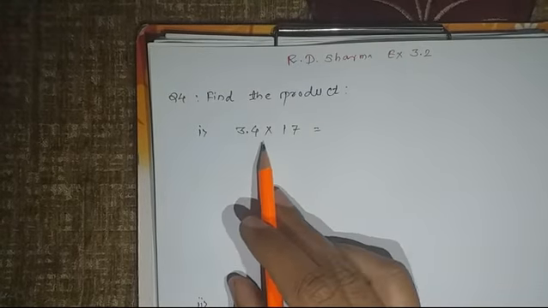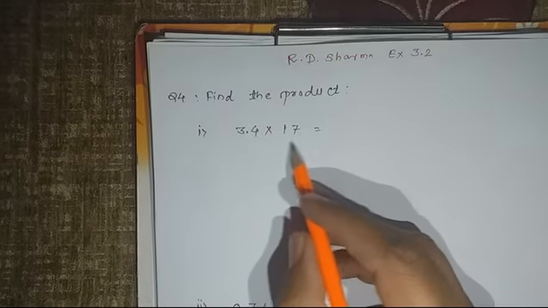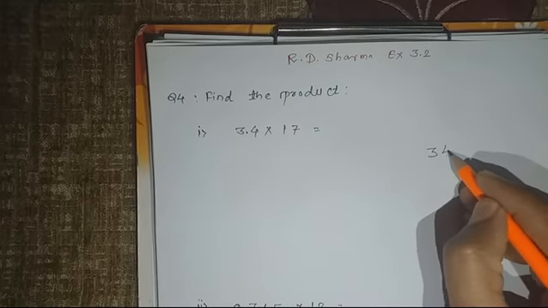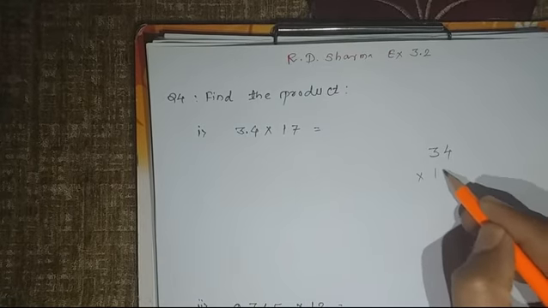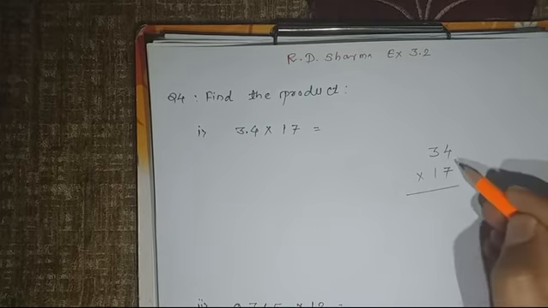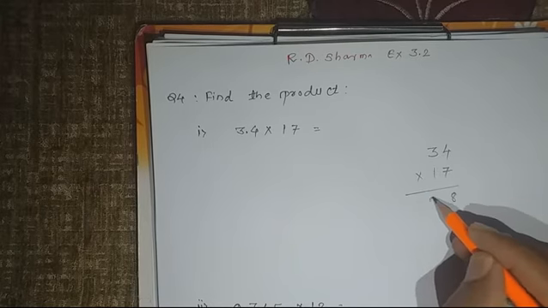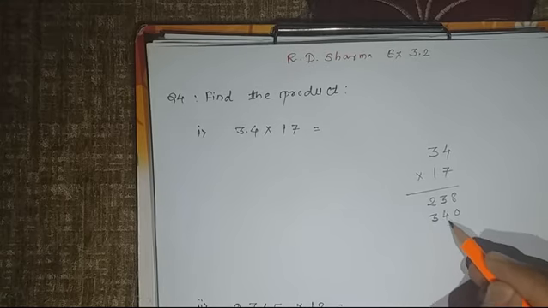In this case there is one decimal number and another is a whole number. So let's find the product of these two numbers. As per the first rule, I will ignore the decimal point from the given decimal number and then multiply with the whole number as usual. 7 4s are 28, carry 2, 7 3s are 21, plus 2 is 23, then 7 1s are 7.